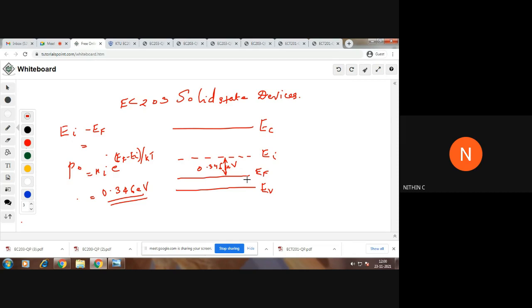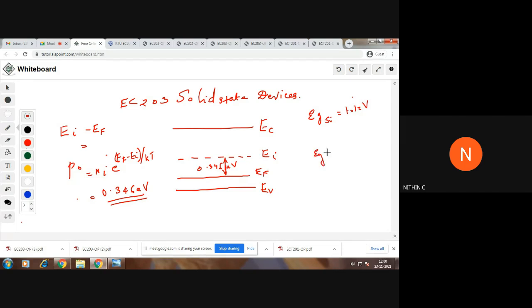Fourth part: plot the energy band diagram indicating the band edges EF, EI and band energy gap. One thing you can note: the energy band gap EG for silicon will be 1.1 electron volt.